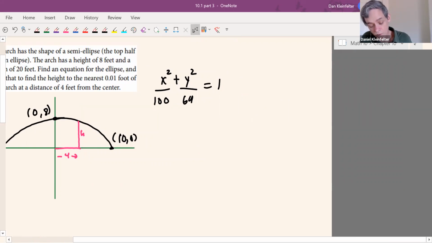So when x is 4, okay, and so that's a 4. Okay. All right, so then we need to solve this thing for y. So let me multiply both sides by 6,400.